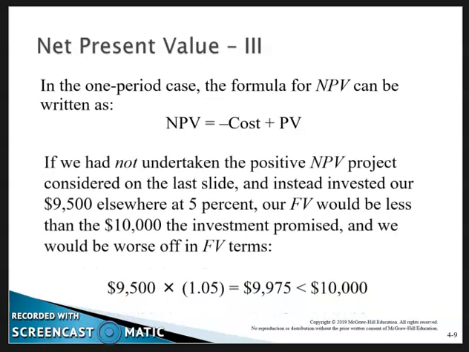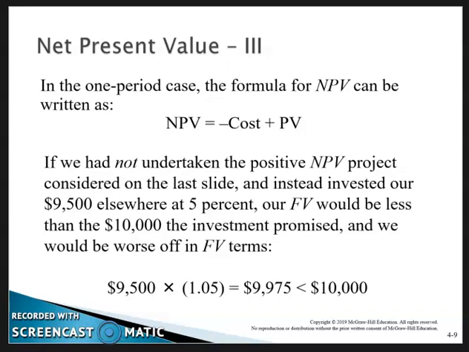If we hadn't undertaken the positive NPV project that we talked about on the last slide, and had invested our $9,500 at 5%, the future value would actually have been less than $10,000.